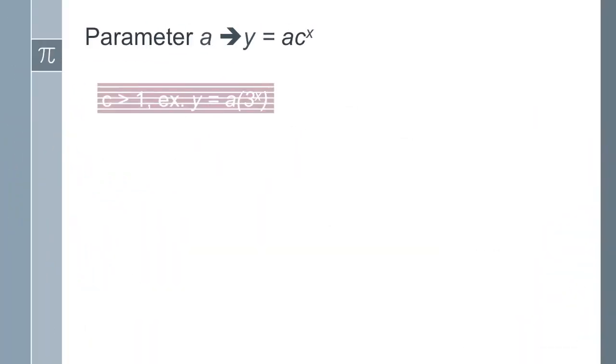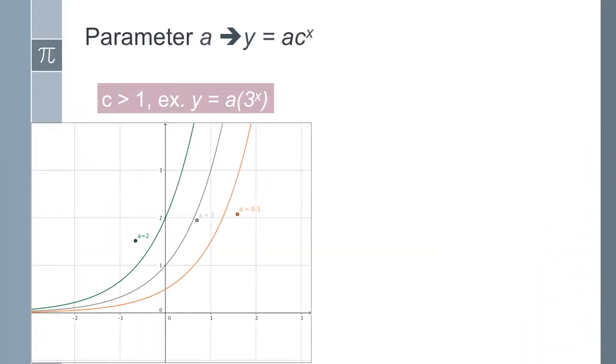So knowing that, if c is greater than 1, so increasing, these are functions that can tell you what a is. So here, the green one crosses 2, so a is 2. Here, the gray one crosses 1, so a is 1. And here, the orange one crosses 0.5, so a is just 0.5.